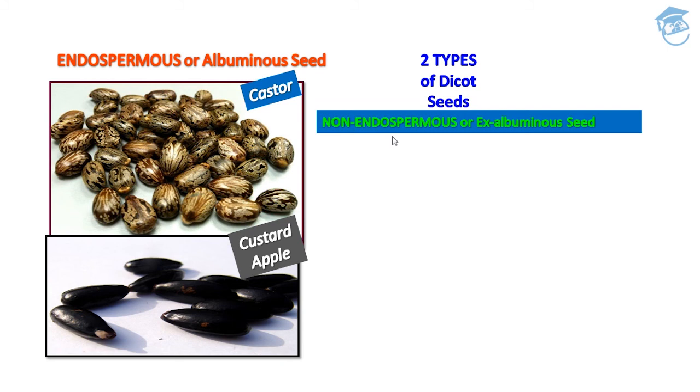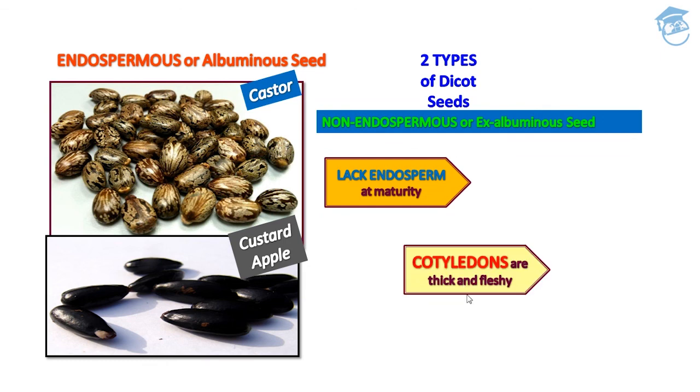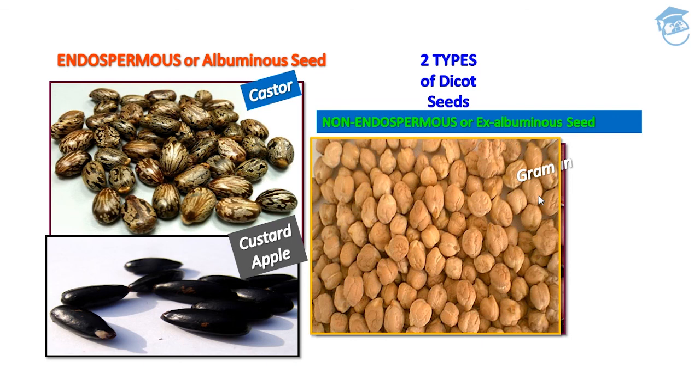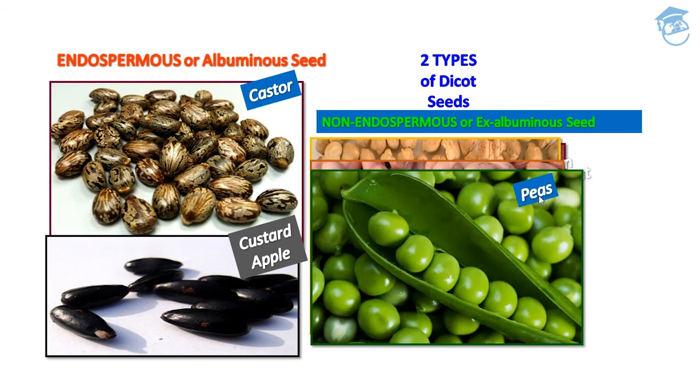And then comes another type of dicot seed, and that is the non-endospermous or exalbuminous seed. They lack endosperm at maturity, and the cotyledons are very thick and fleshy, unlike the endospermous seed, which has thin and papery cotyledons.